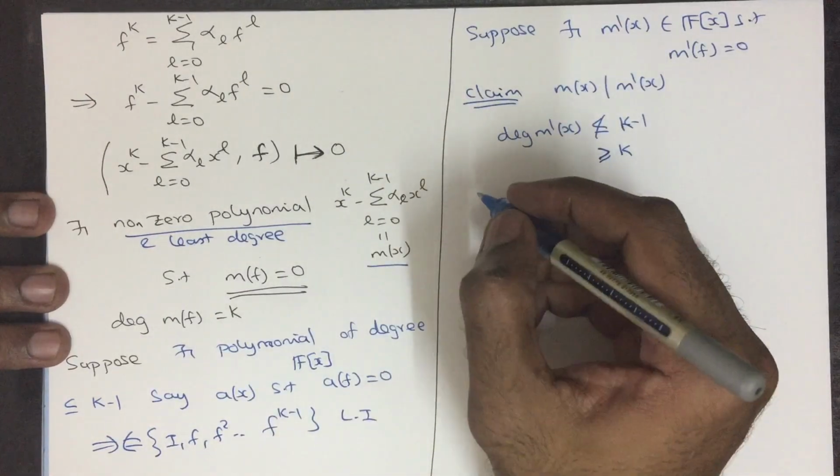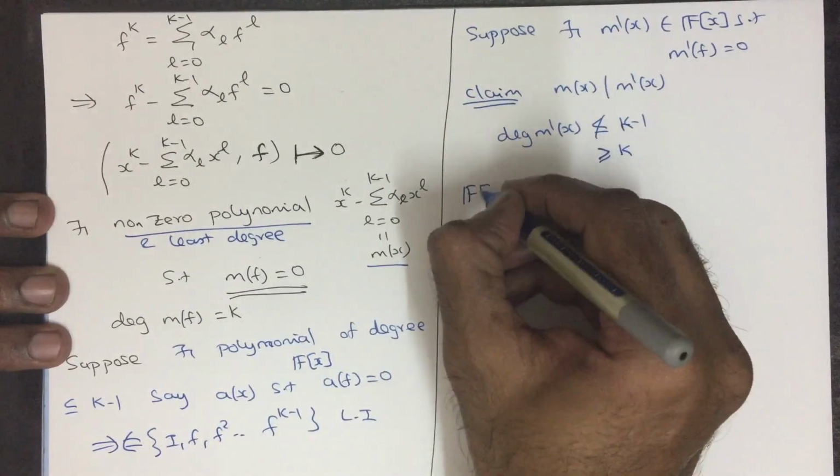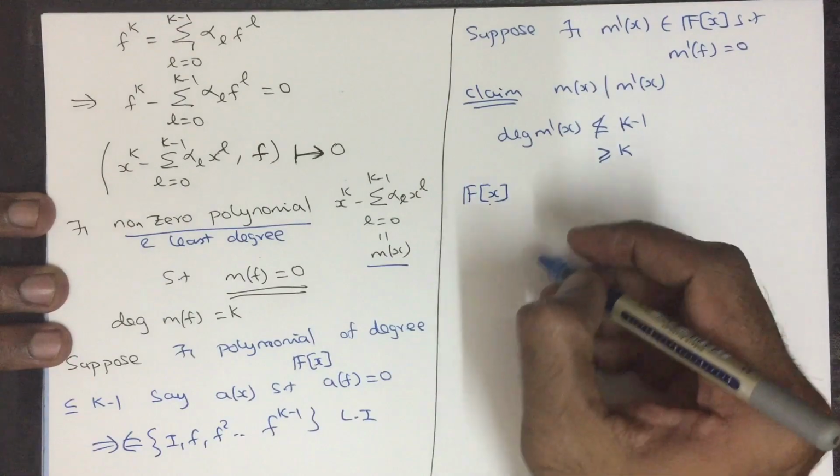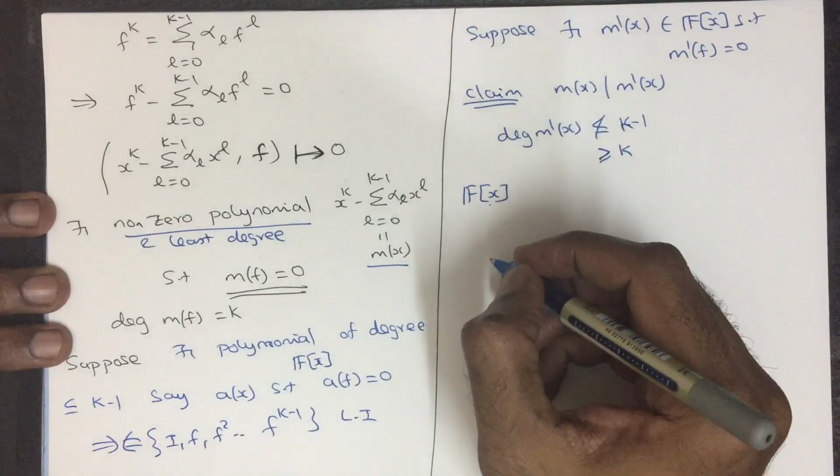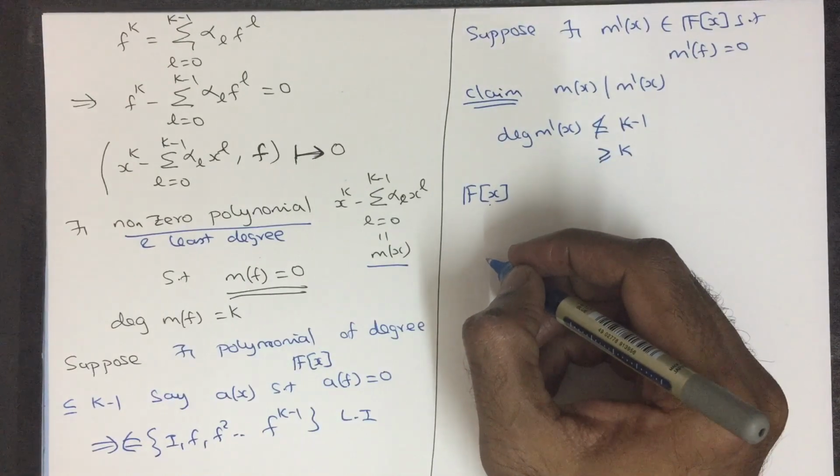Now we know that in F of x we have the division algorithm. So we apply the division algorithm between m of x and m dash of x.